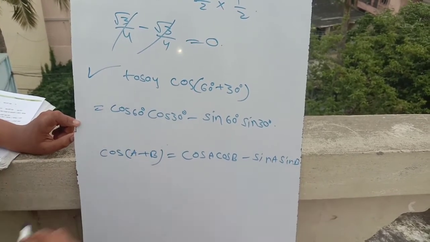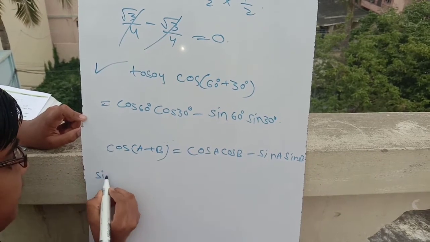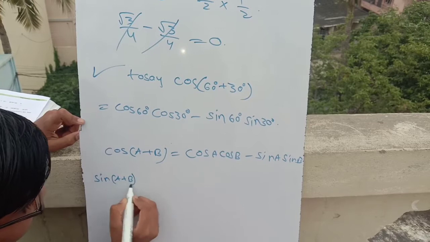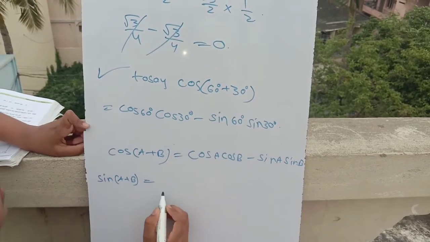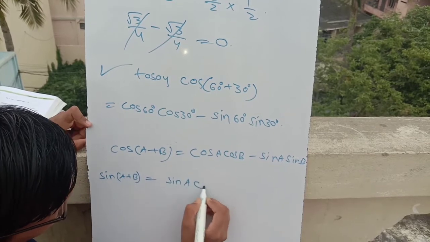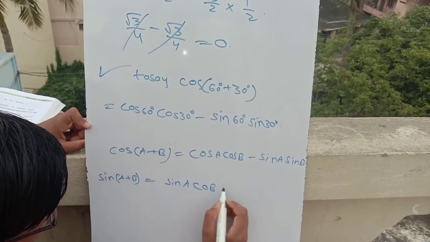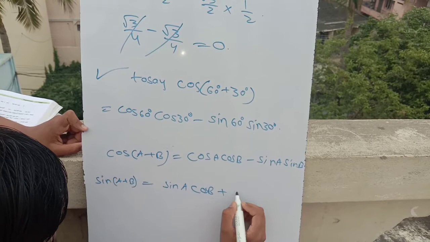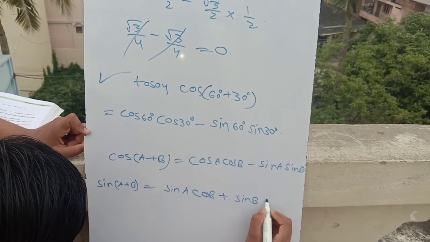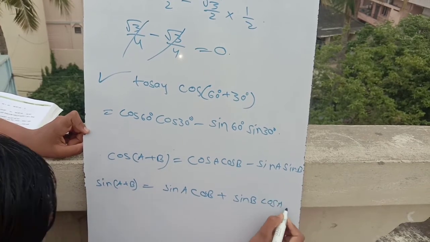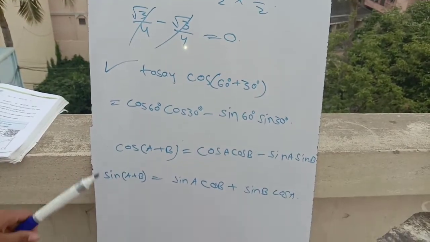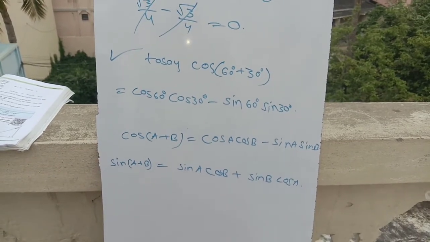In yesterday's formula we wrote that sin of A plus B is equal to sin A cos B plus sin B cos A. So these are two important formulas.